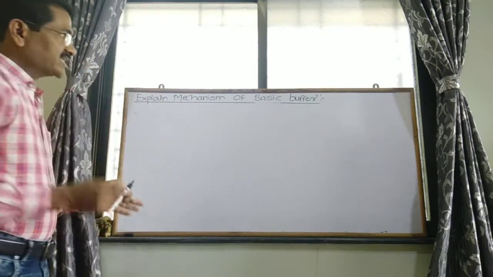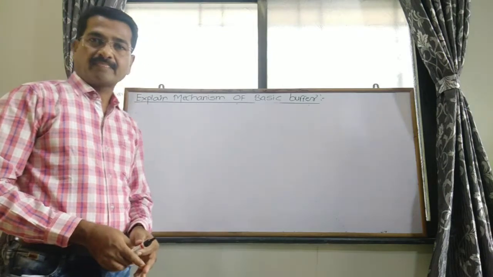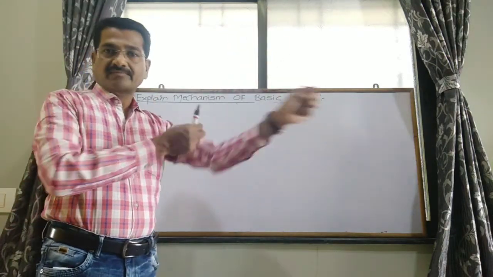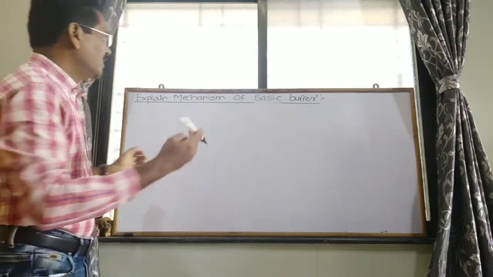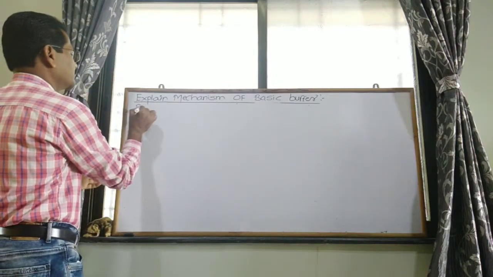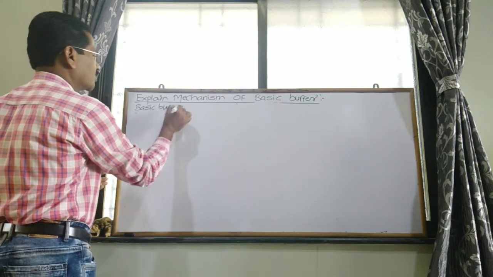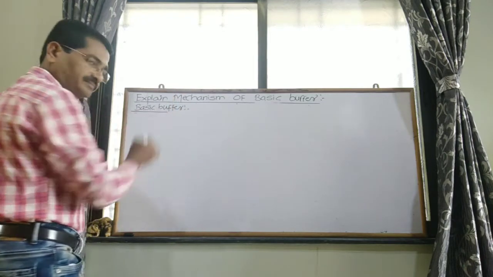See the next question for 3 marks. Explain mechanism of basic buffer. Like the same as acidic buffer, first of all, see the definition of basic buffer. So what about the basic buffer?